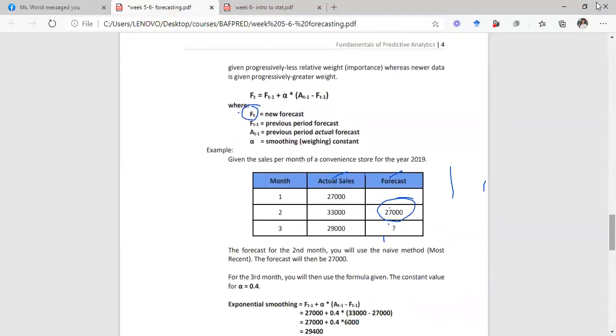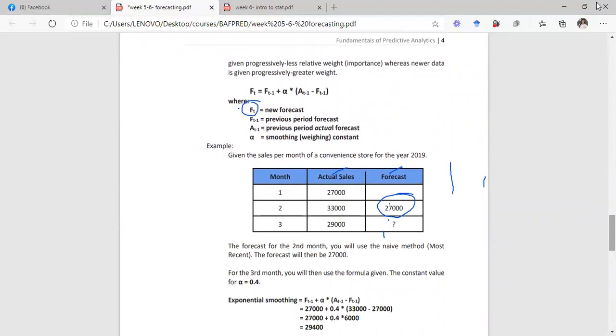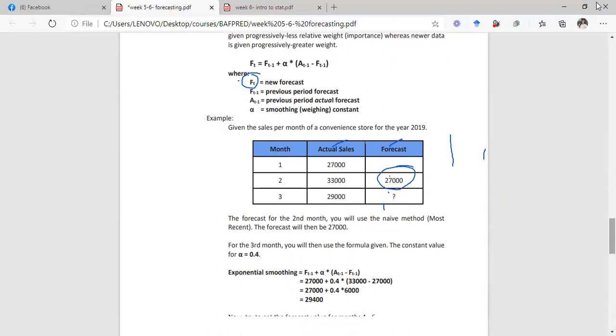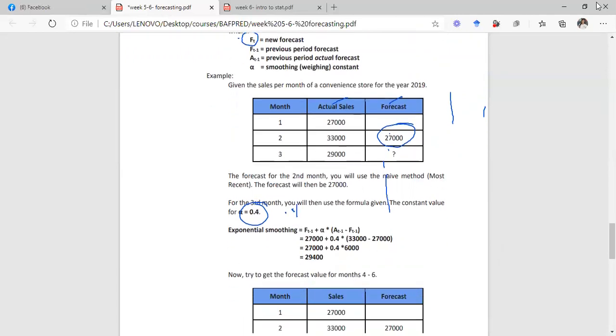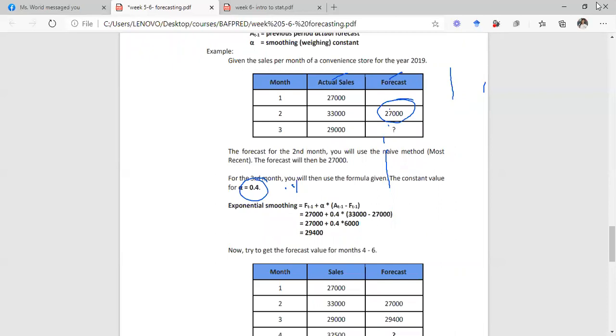Given the sales per month of a convenience store for the year 2019, we convert the formula into the previous period forecast, the actual sales, and the smoothing weighing constant. The smoothing weighing constant always has the constant value of 0.4. Take note, it is constant. So let us transform the values.